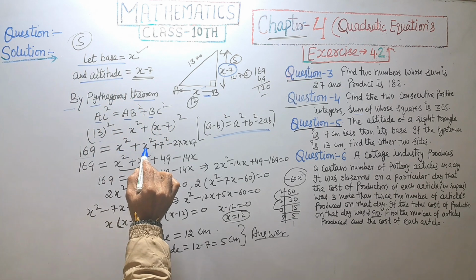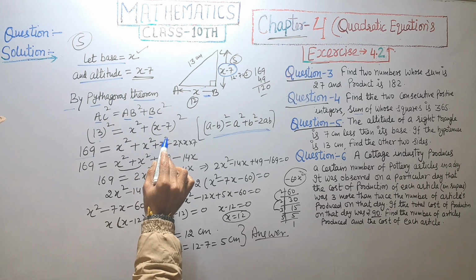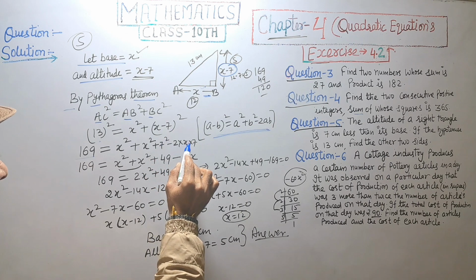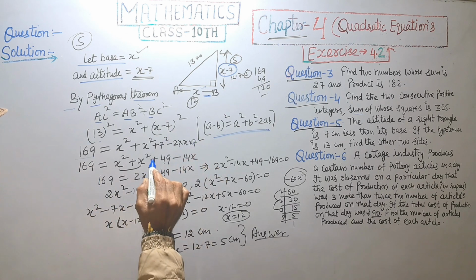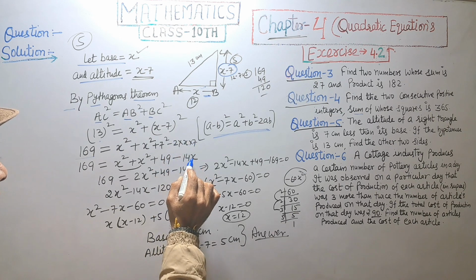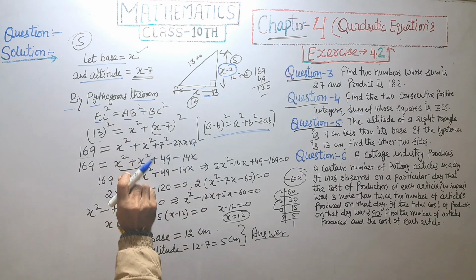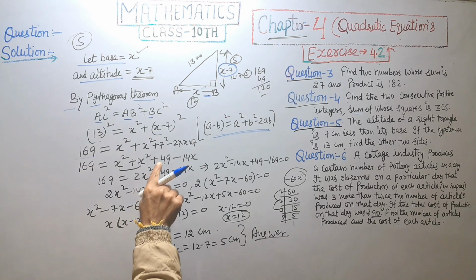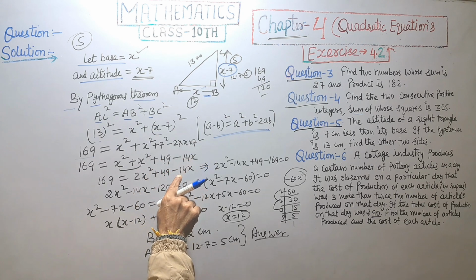So x square plus 7 square minus 2 into x into 7. 7 7s are 49 minus 7 2s are 14x. But x square plus x square equal to 2x square plus 49 minus 14x.